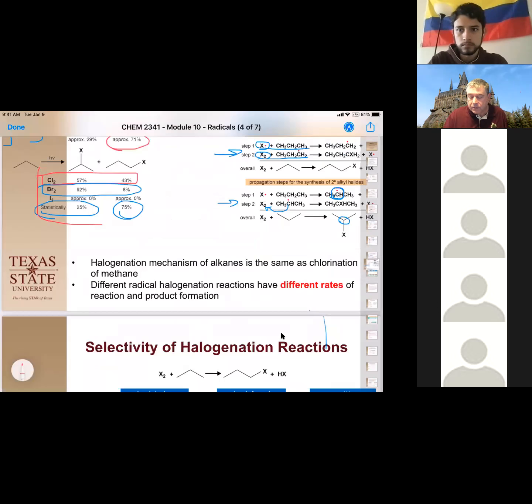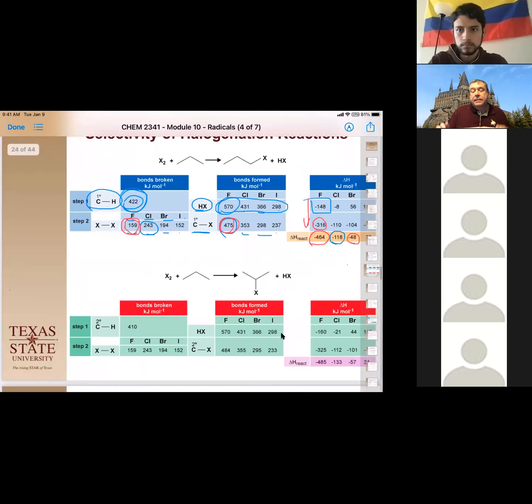Now, instead of looking at the primary, let's look at the secondary. There's a slightly different energy to abstract that hydrogen radical from a secondary carbon. In fact, it's a little bit lower. All the other values here and here are the same, but the values for making these bonds are a little higher.